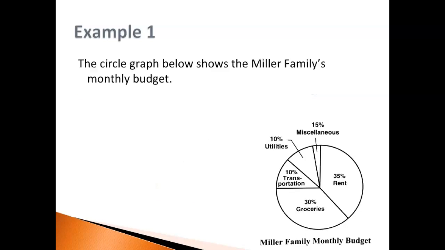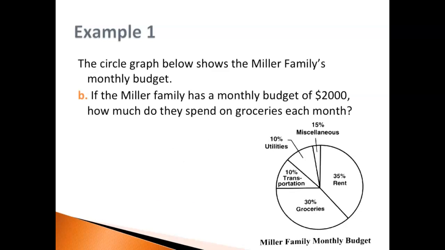All right, part B. If the Miller family has a monthly budget of $2,000, how much do they spend on groceries each month? Well, since we know that they spend 30% of their budget on groceries, and we know in total their budget is $2,000, we can write a proportion to solve this. So this would be 30 over 100, that's what 30% means.